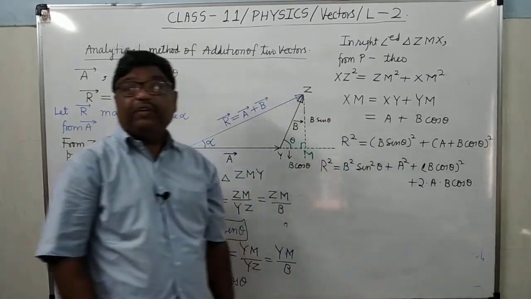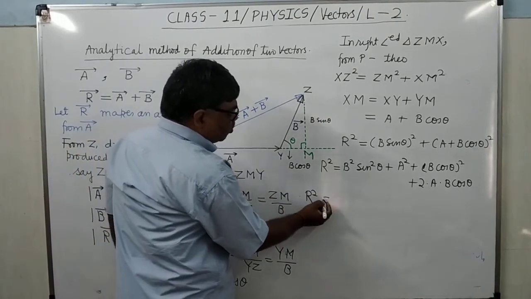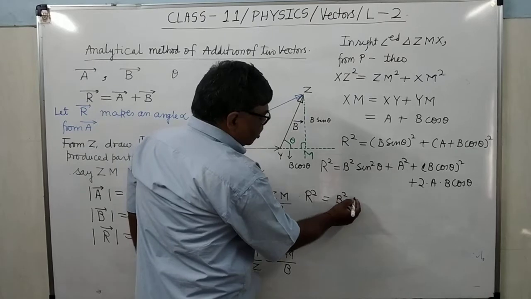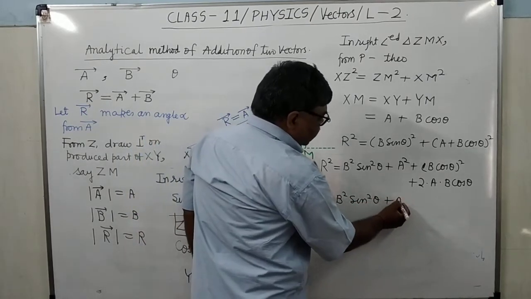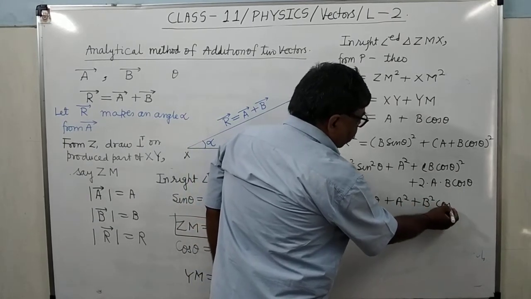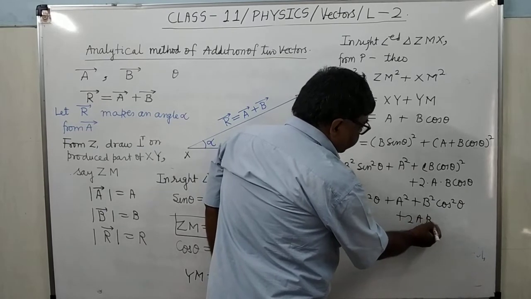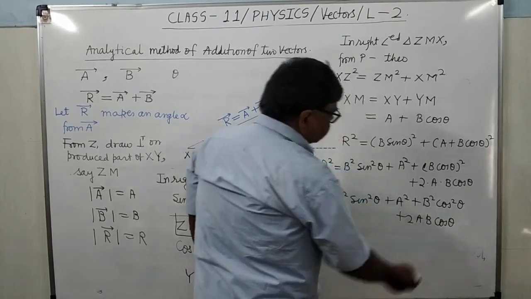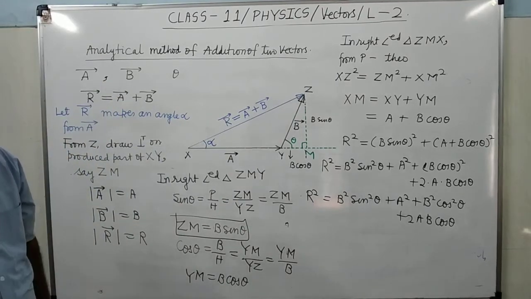On simplifying, it will be R square equals B square sin square theta plus A square plus B square cos square theta plus 2AB cos theta. It's clear. Now we will rearrange the terms.